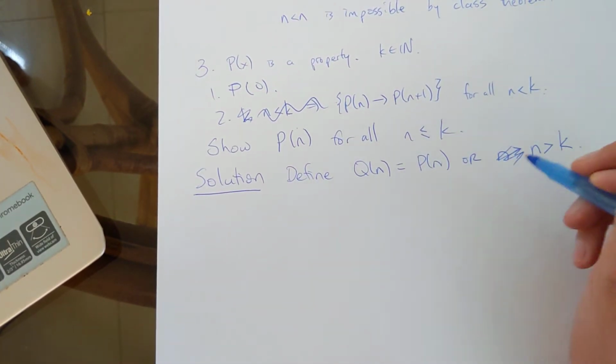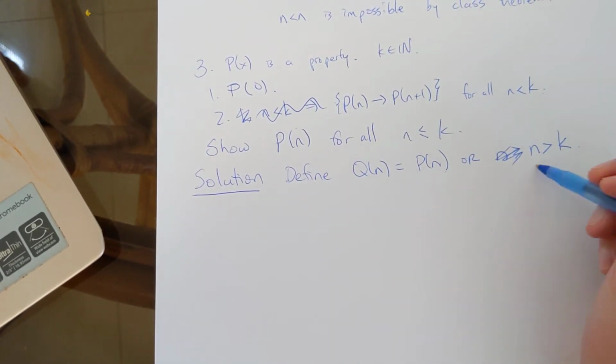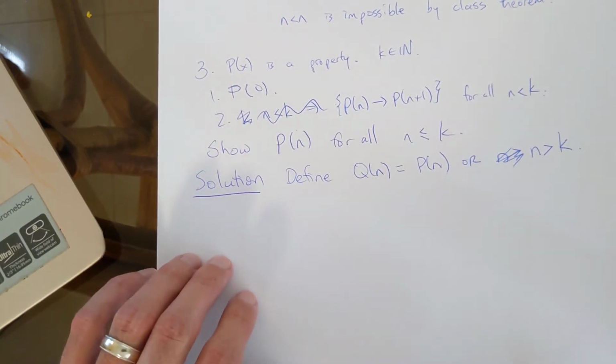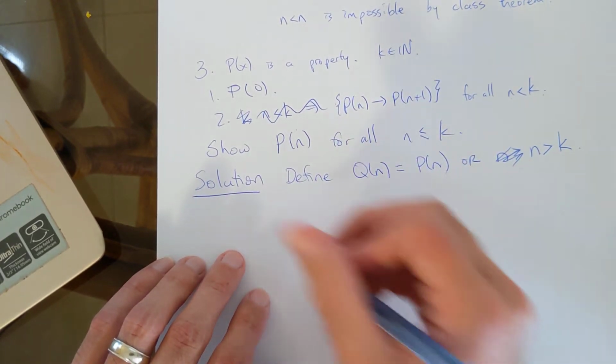Logically it's P of n or n is bigger than k. So if P of n holds, then Q of n holds, and if n is bigger than k, then Q of n also holds. Okay. And we're going to prove Q of n by induction. So we're going to apply induction for Q of n.